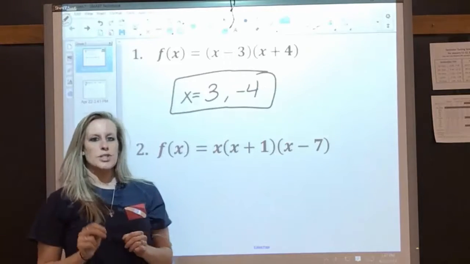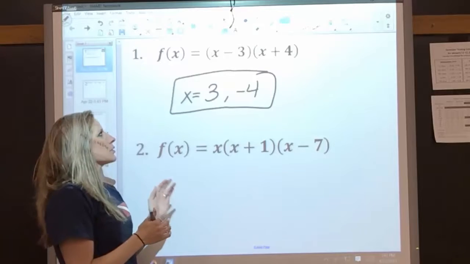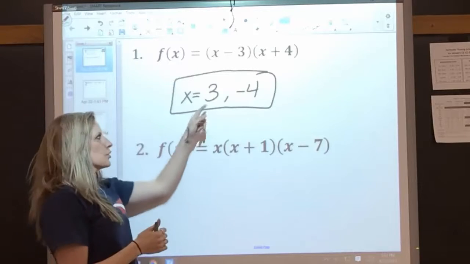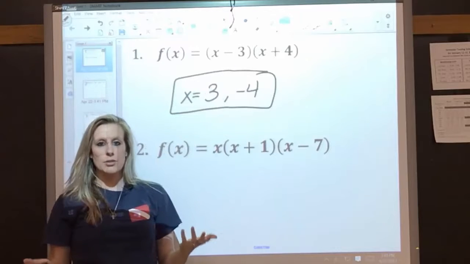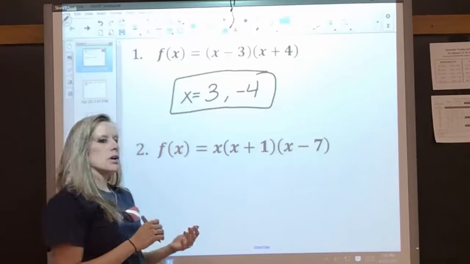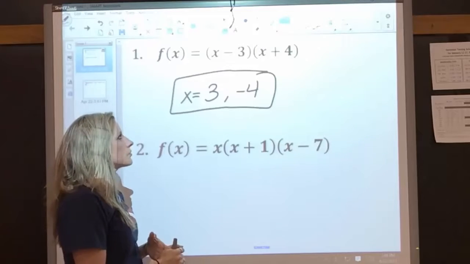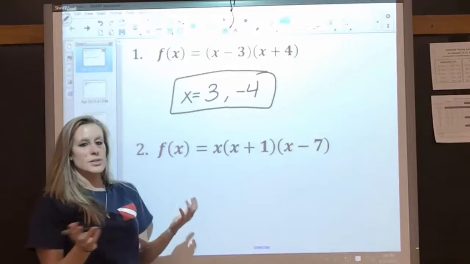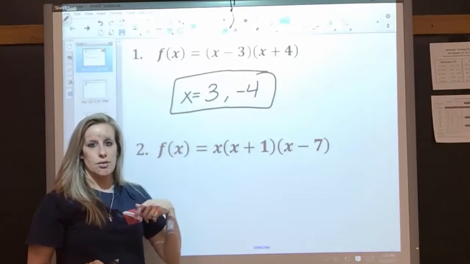Now, the reason we do the opposite, and this is what you need to understand, is because if you were to plug in 3, 3 minus 3 is 0. That's why we call them zeros. We also call them solutions and roots and x-intercepts. But that's the reason we call them zeros, because if you plug in your answer, it should equal 0.